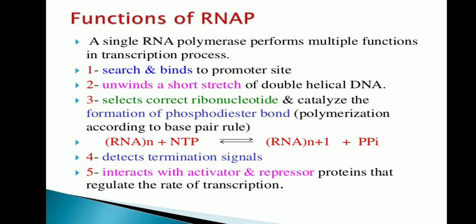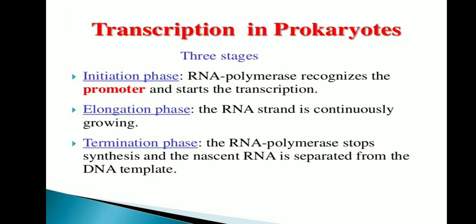Next function is to interact with the activator and the repressor, the proteins that regulate the rate of transcription. Transcription in prokaryotes is divided into three different stages: initiation, elongation, and termination, like DNA replication. Initiation involves the RNA polymerase recognizing the promoter region and starting the transcription process.